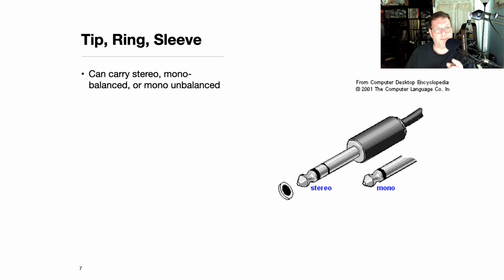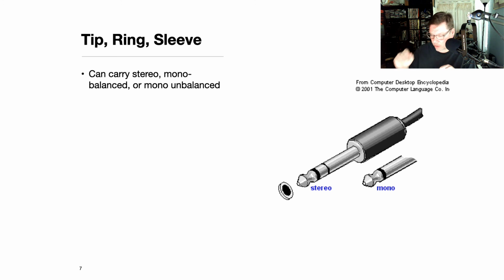Or you can do a balanced signal, mono balanced, which is a way to get a less noisy signal that we might talk about more later, but you don't need to know that right now. But you do need to know that if it asks for a balanced signal, you need a tip ring sleeve plug.